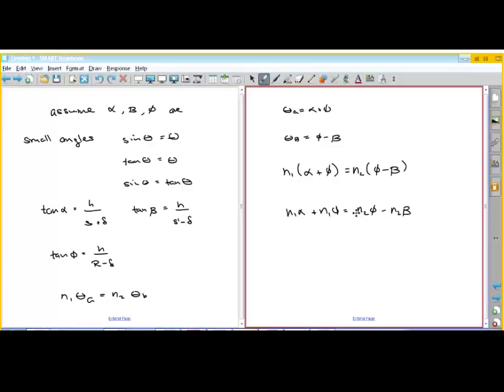So now we're going to subtract things here. I'm going to move this over there and move that over there. So I'll have n1 alpha plus n2 beta is equal to n2 phi minus n1 phi, and then you can factor out the phi, so you get phi times n2 minus n1.